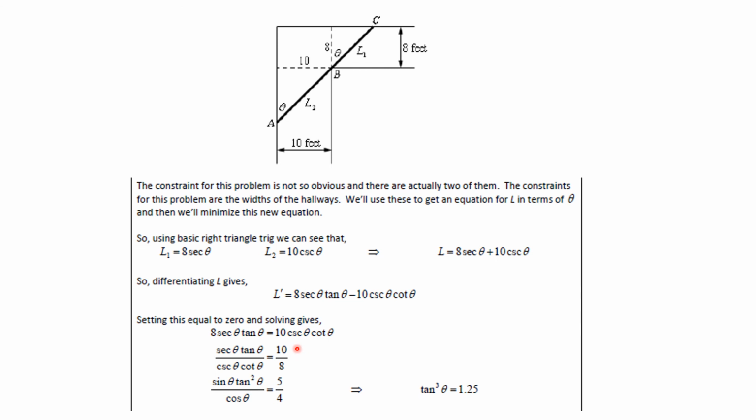I can reduce 10 over 8 to 5 over 4, and the resulting expression simplifies because sine theta over cosine theta is also tangent theta. So tangent cubed theta is equal to 1.25.